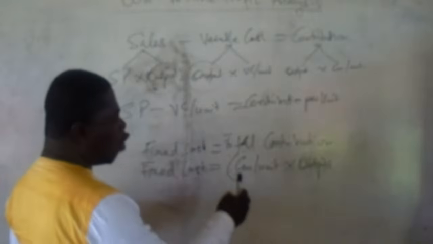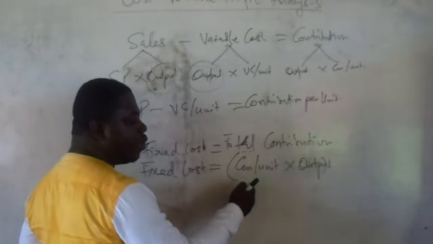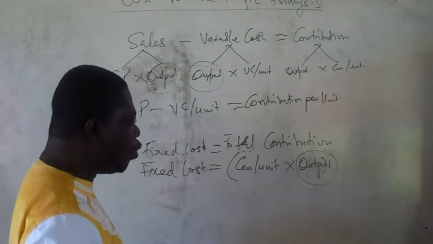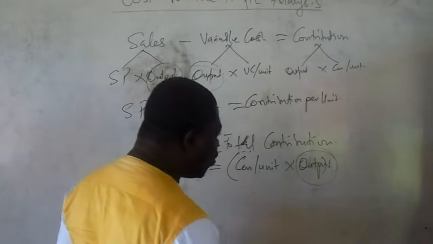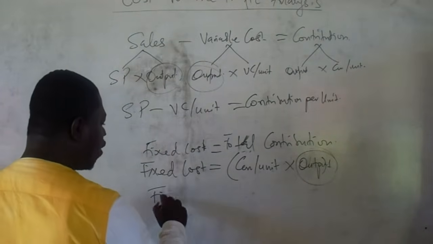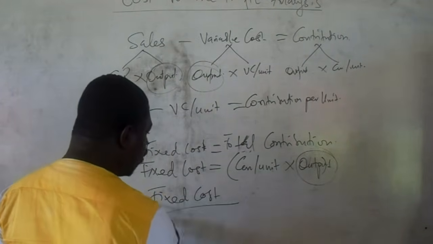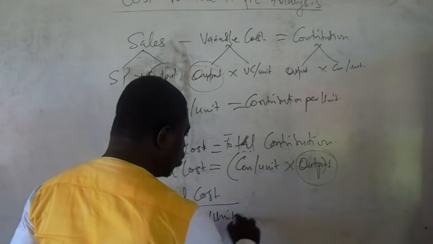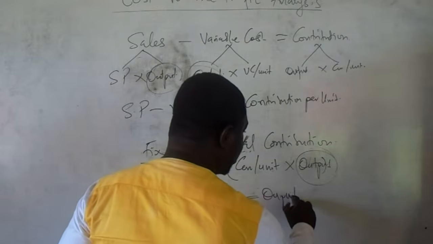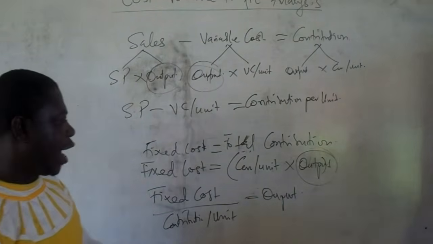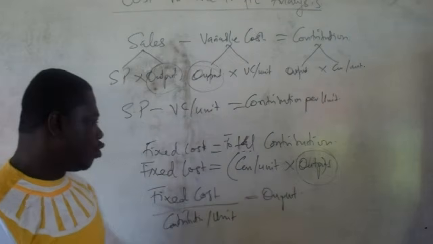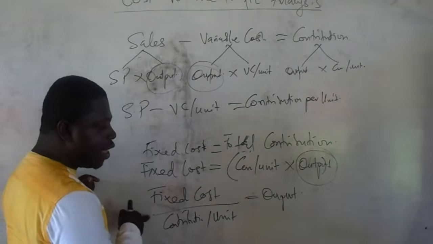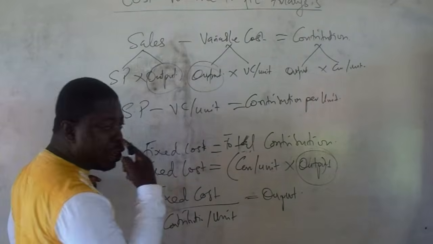So of course we can go by a simple change of subject and say that fixed cost over the contribution per unit will be equal to the output. This is when you divide both sides by contribution per unit to make output stand alone. We are going to have your fixed cost divided by contribution per unit giving you output.